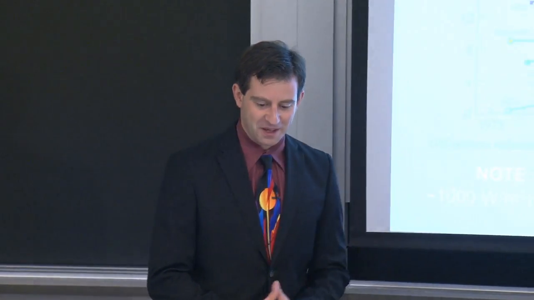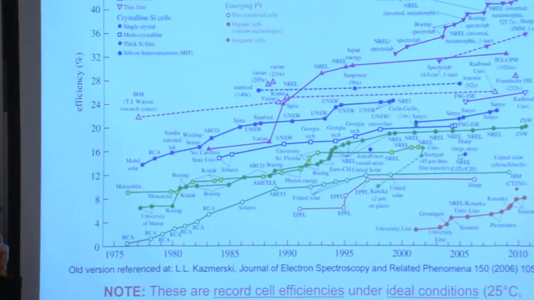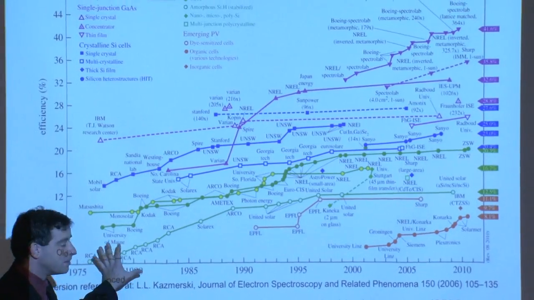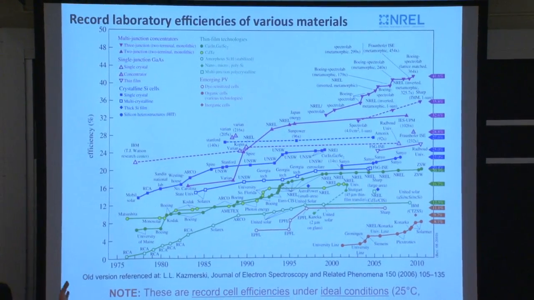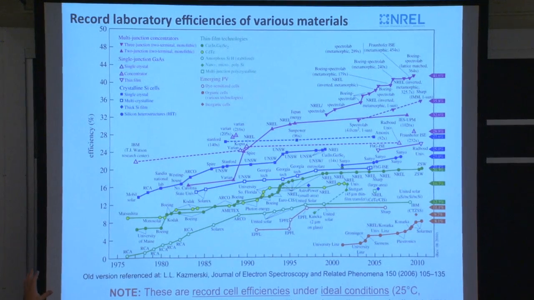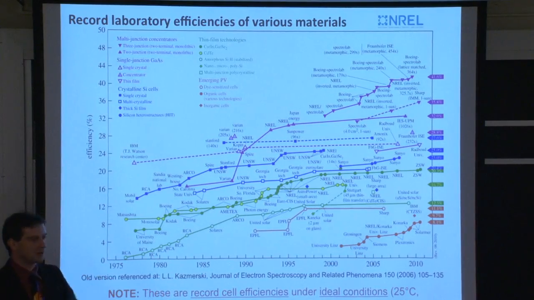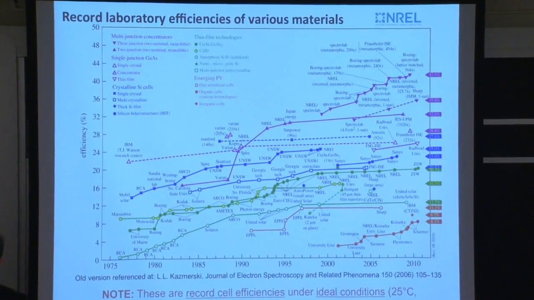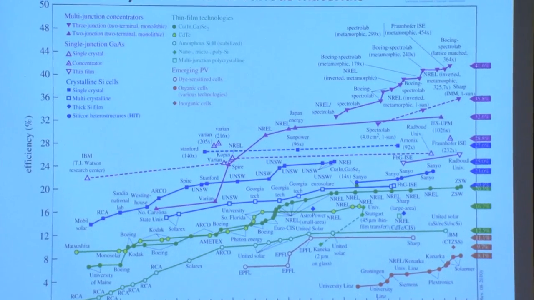So we have the record laboratory efficiencies. This is another reference source. I am not personally aware where Larry Kazmerski publishes this on a regular basis. I know he maintains this table. And if you email him very nicely, he'll email you back with the most updated version. But I'm not aware of any publication outlet where this is regularly appearing.